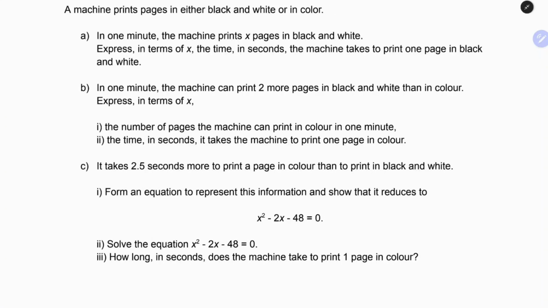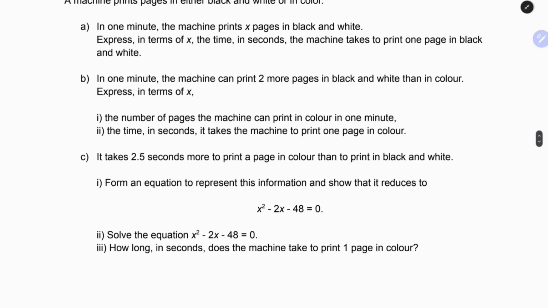The third question now says, a machine prints pages in either black and white or in color. In 1 minute, the machine prints X pages in black and white. Express in terms of X the time in seconds the machine takes to print one page in black and white.